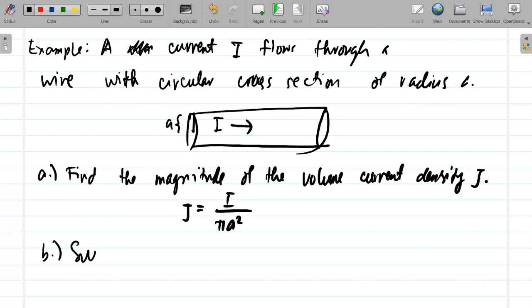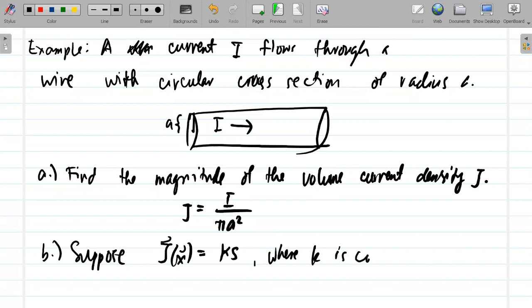B. Let's suppose that J of S equals Ks, where K is constant. The question is, find I.